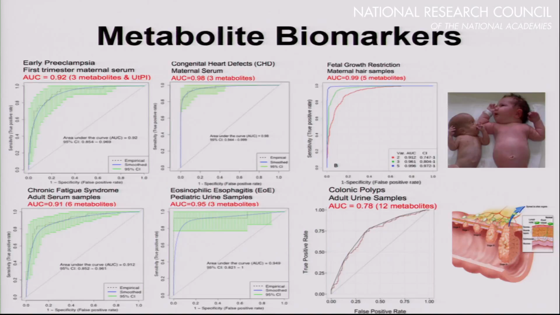So these are examples, and these are measuring the areas under the curve, and we're using relatively small numbers of metabolites, but we're getting ROC curves that are actually quite astonishing. Areas under the curve of 90%. And that essentially underlines the power of metabolomics and metabolite measurement to be able to identify, diagnose, or even predict some of these conditions based on exposures or the metabolites that we measure.